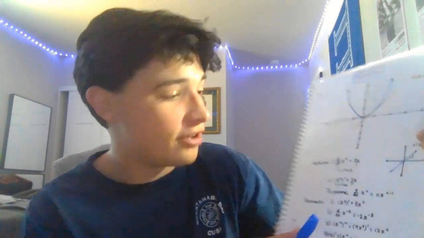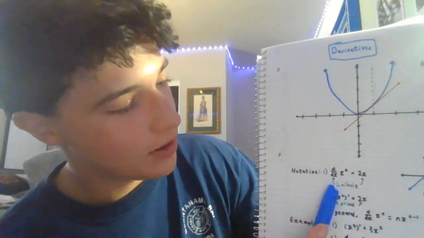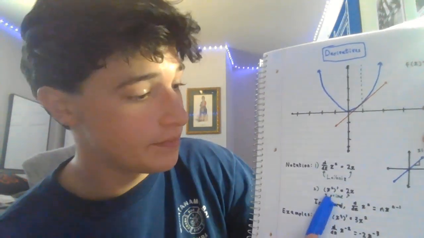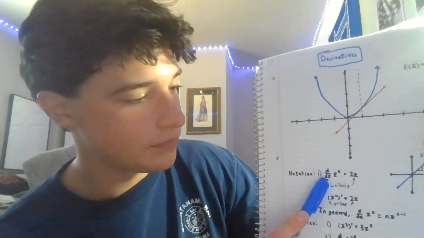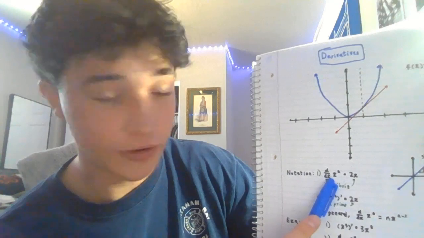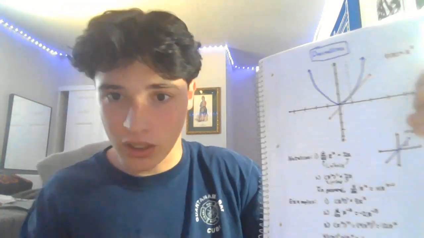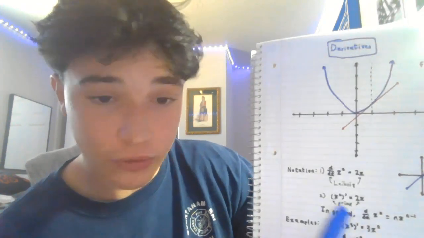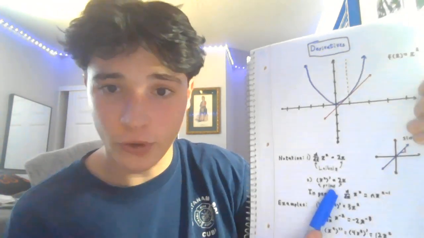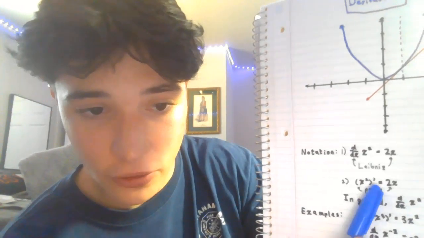Now, the way you write a derivative, there are two ways to write it, actually. You can say d over dx of your function, in this case, x squared. The answer to that would be 2x. I'll get into finding the answer later. You can also write it like this in prime notation. This is also called Lagrange notation. And you just write a little apostrophe there.